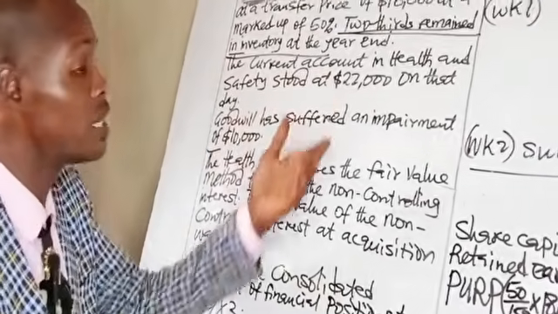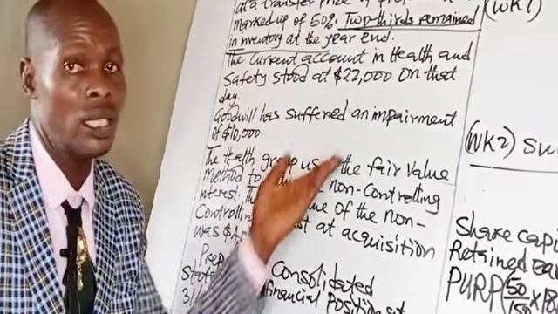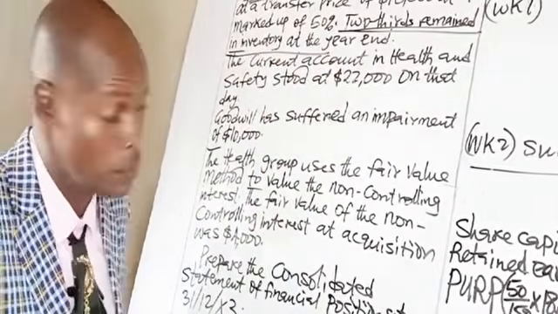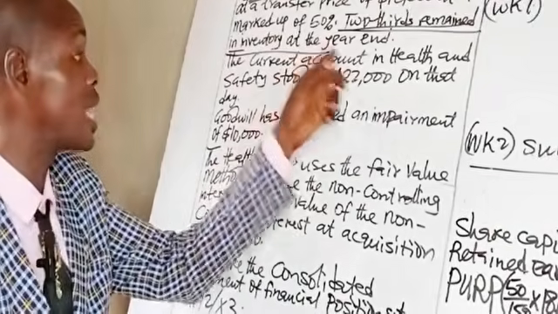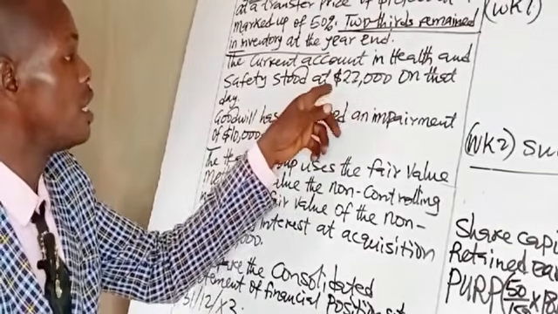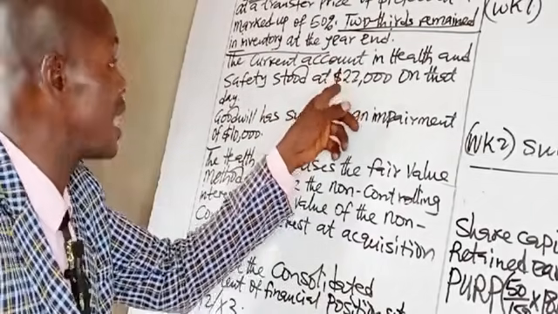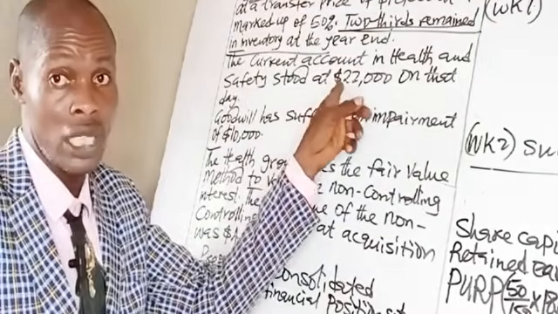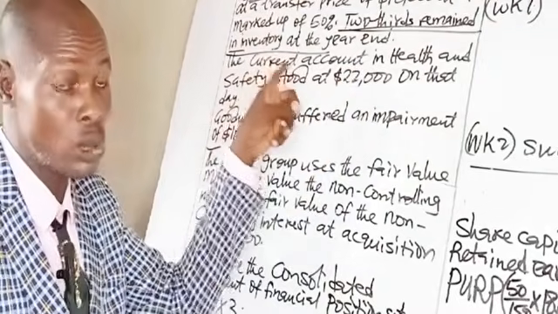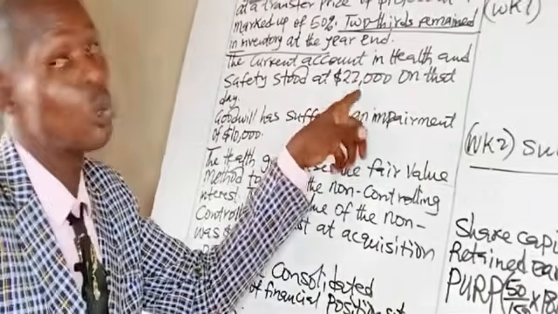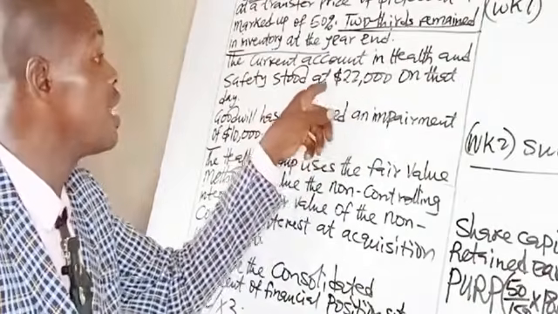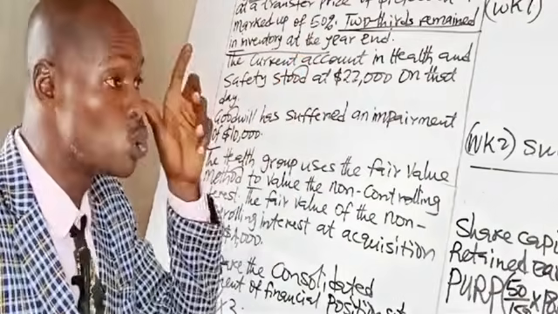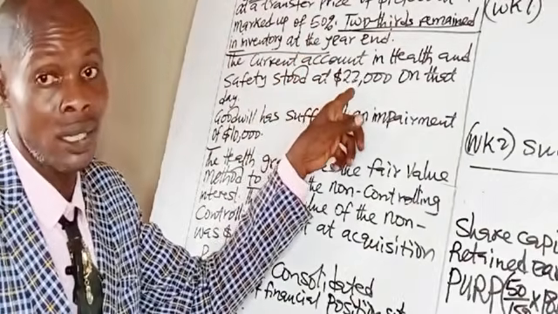Where the item in transit is inventory in transit, you add the inventory in transit to consolidated inventory. Add it, please. Take note. If the difference is a result of cash in transit, you add the cash in transit to consolidated cash or cash equivalent.